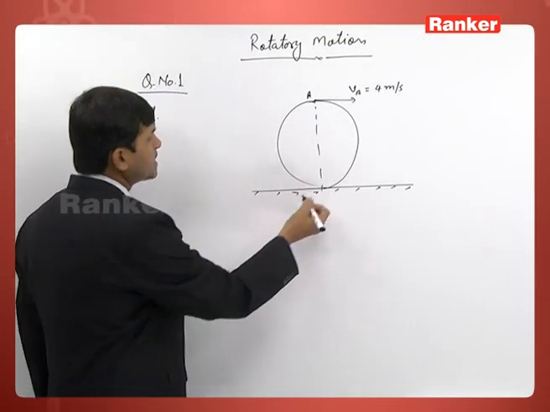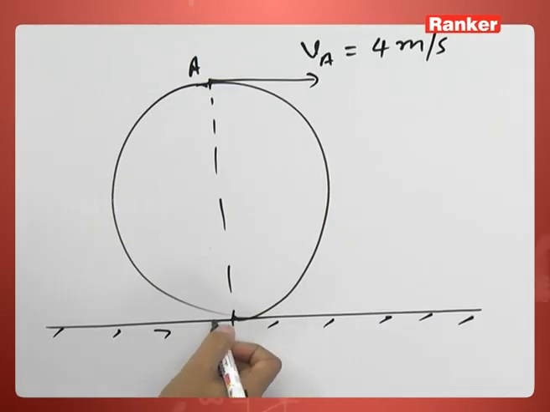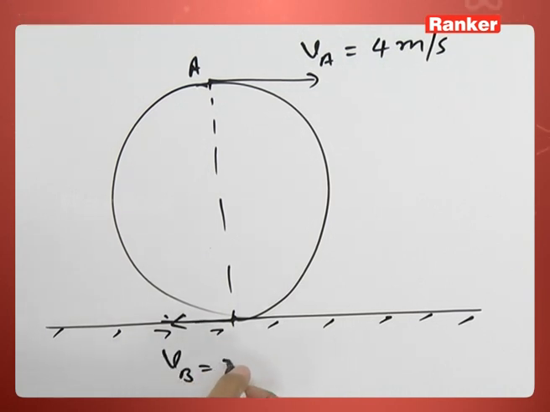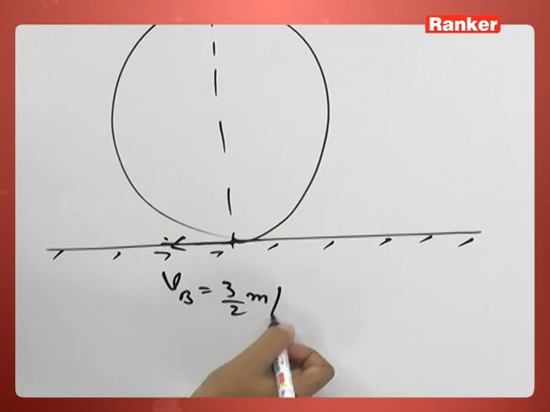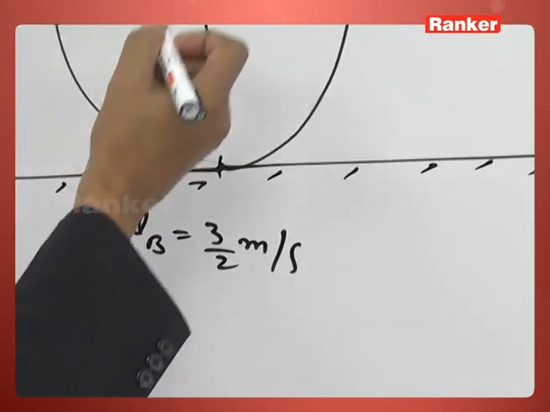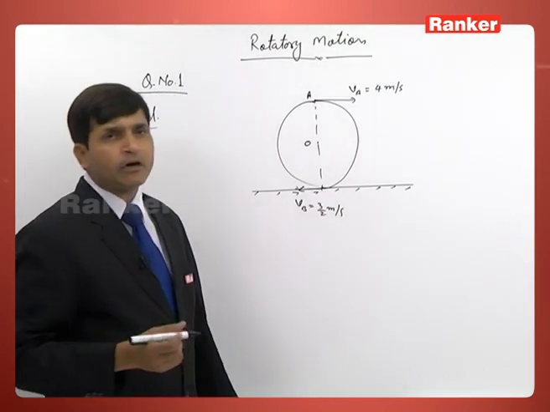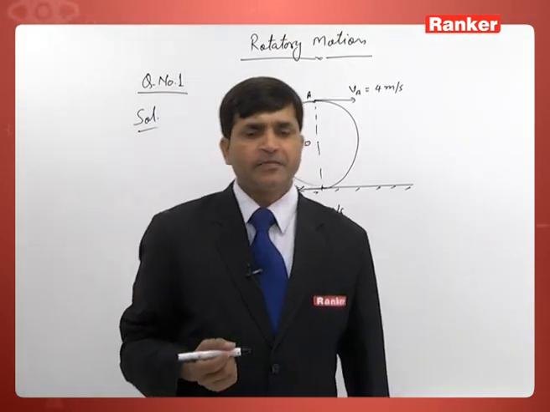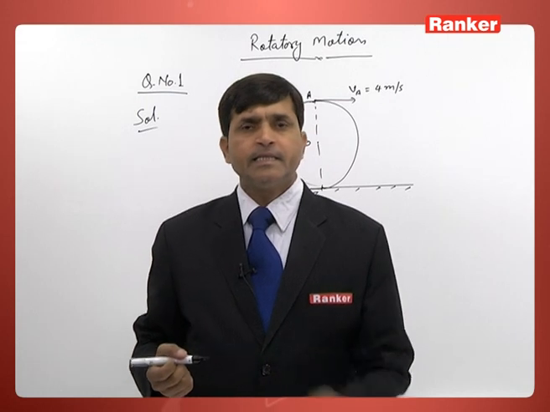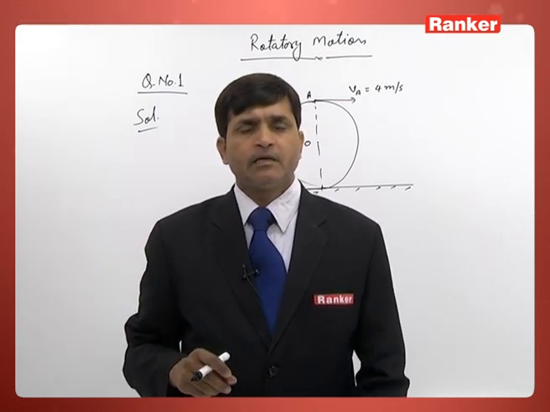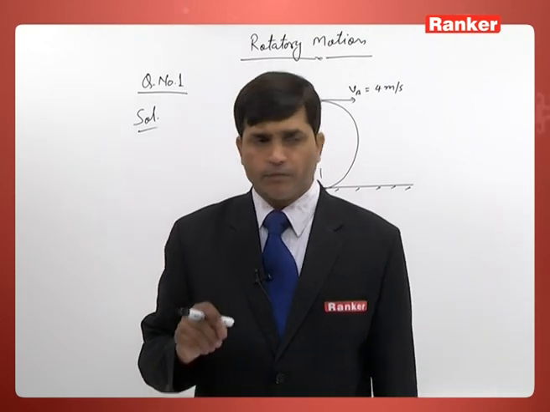Point B is the lowest point, or point of contact, and it has velocity 3/2 meter per second. O is the center of the disc. We have to find the location of the instantaneous axis of rotation from the center of the disc O.